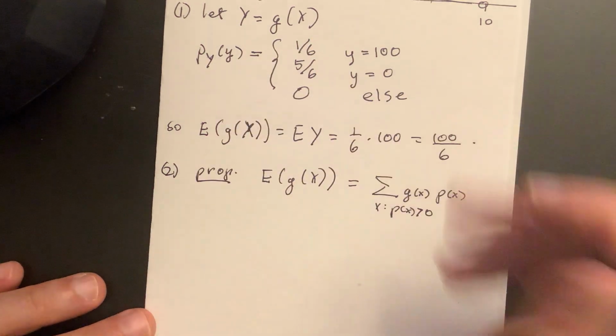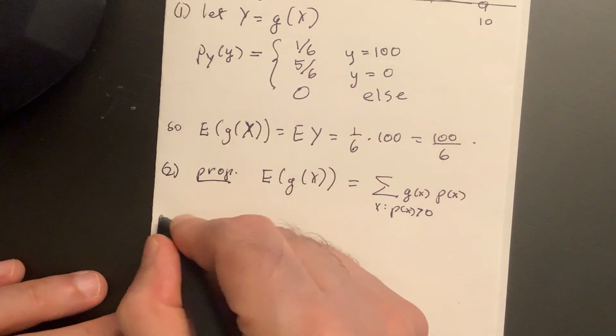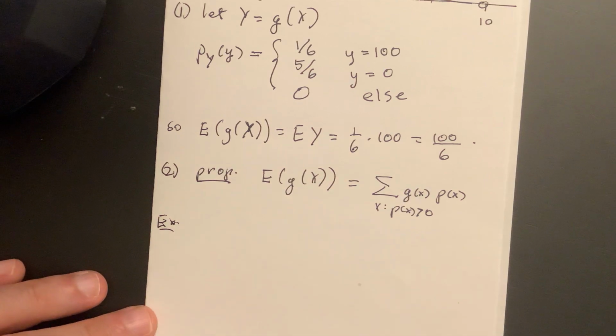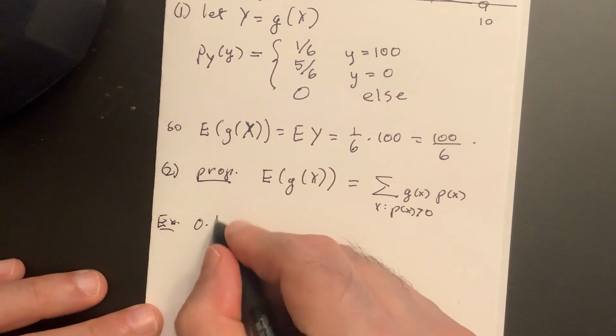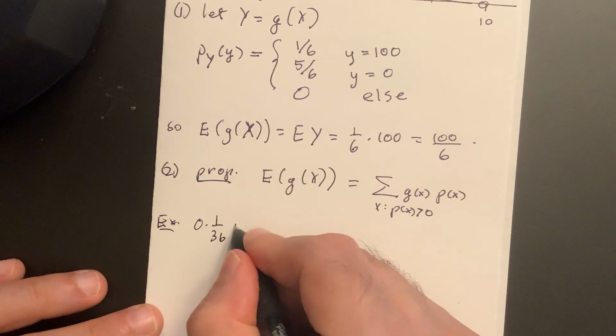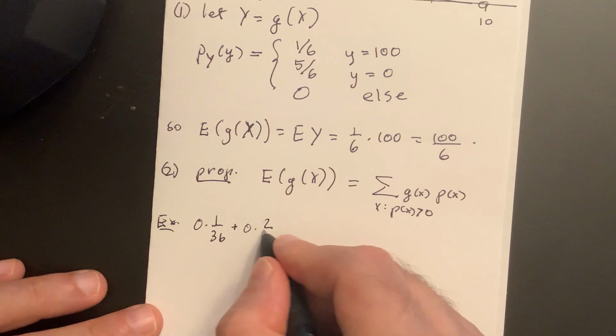Okay, so if we do it this way, for our example, what do we get? We get a lot of zeros, right? So we have 0 times, because the first one is 0, plus 0 times 2/36.